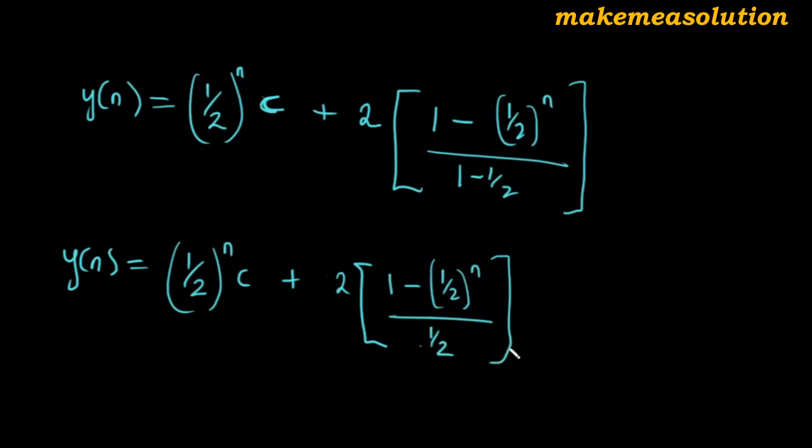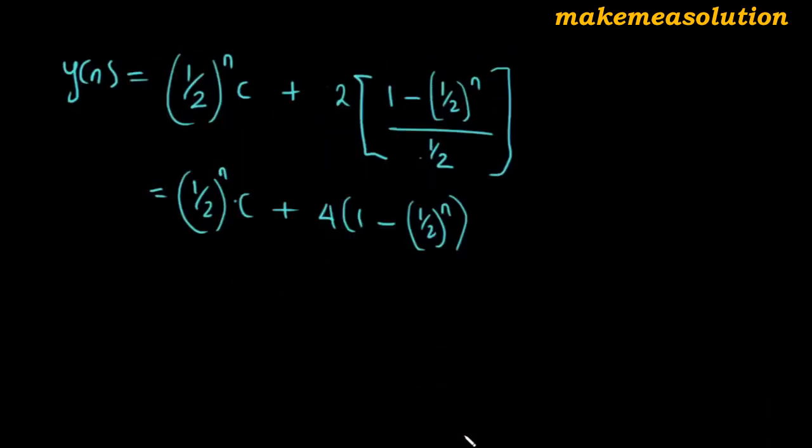Now 2 divided by 1 over 2 is going to be 4. So I have 1 over 2 raised to the power of n multiplied by c plus 4 bracket 1 minus 1 over 2 raised to the power of n.